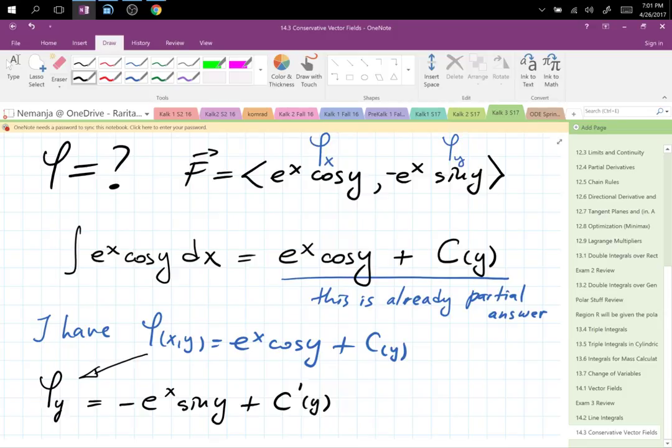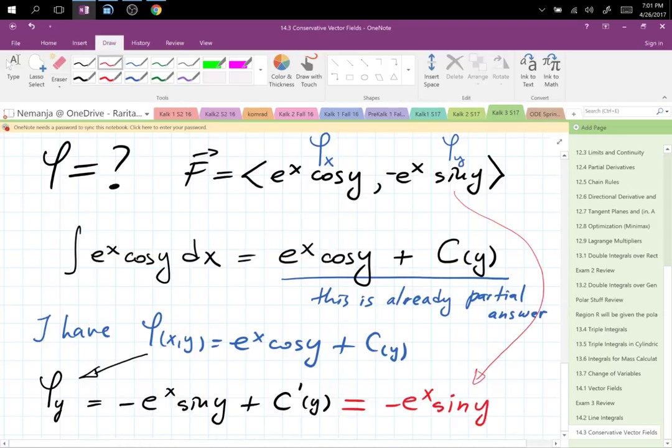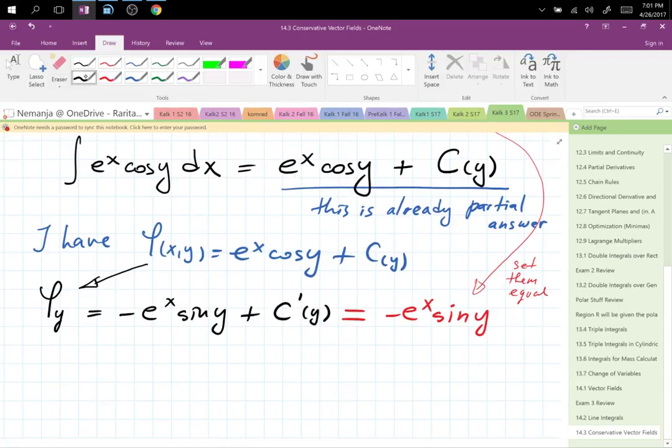Right? And now, here, in blood, equal to negative e to the x sine y, which is this puppy. Set them equal. From here, you get that c prime of y is equal to 0.